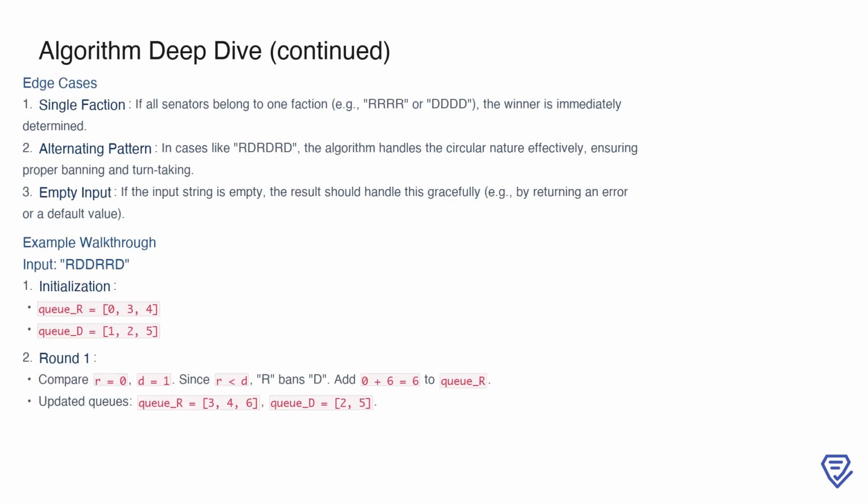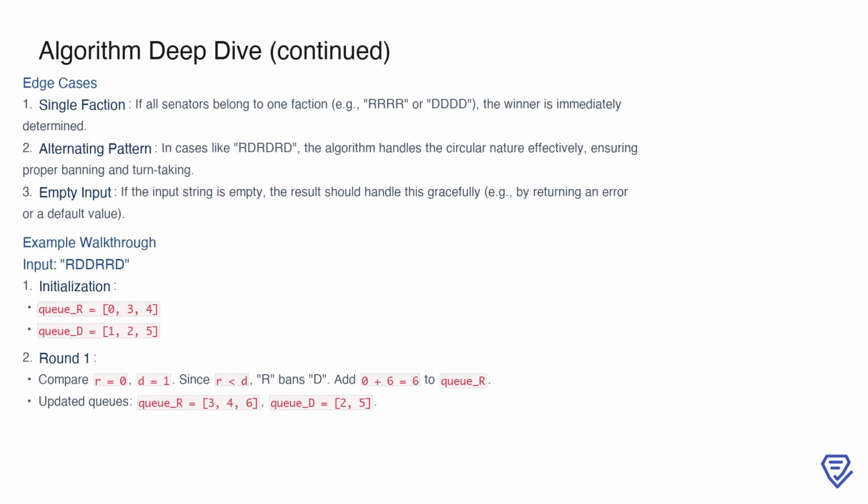Certain edge cases are worth considering in this problem. For example, if all senators belong to the same faction, like RRRR or DDDD, the winner is immediately clear, as there is no opposition. Another scenario involves alternating patterns, such as RDRDRD, where the algorithm must handle the circular turn-taking and banning process correctly.